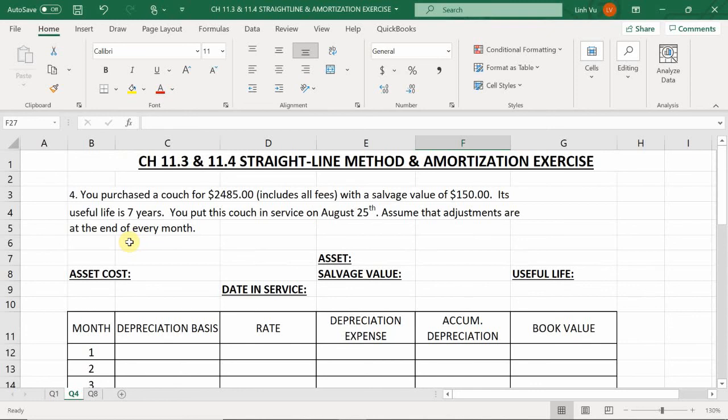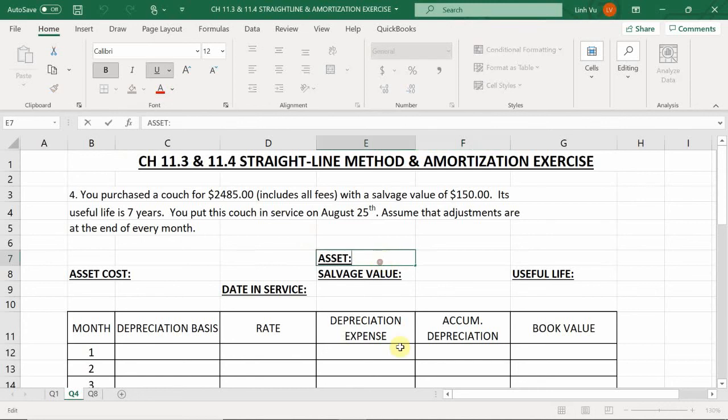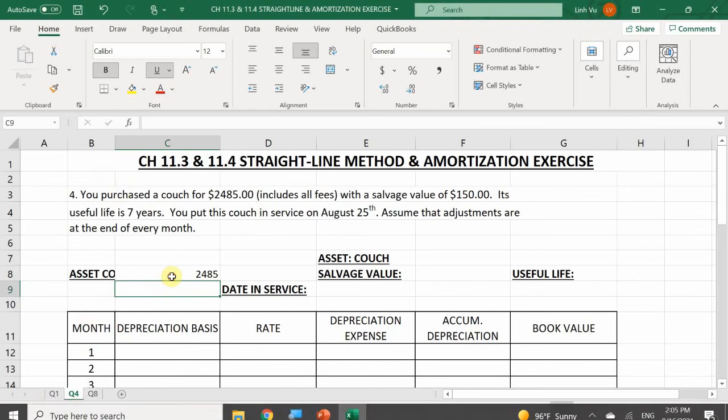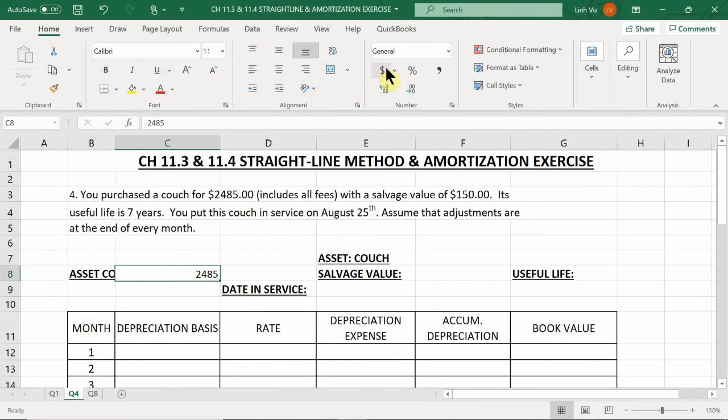Okay. So let's go ahead and fill in my information. So, what did I buy? I bought a couch. How much was the couch? 2,485. What's my salvage value? 150. What's my estimated useful life? 7 years.